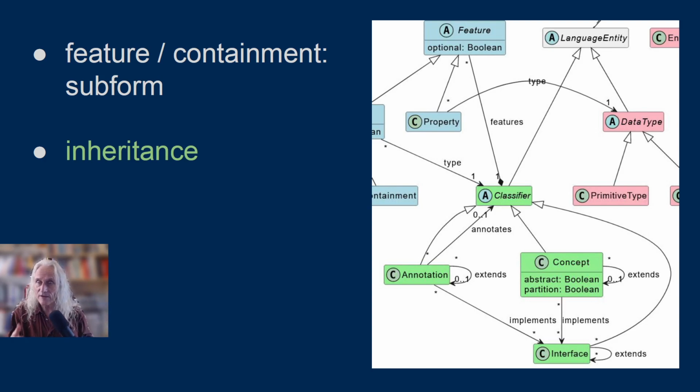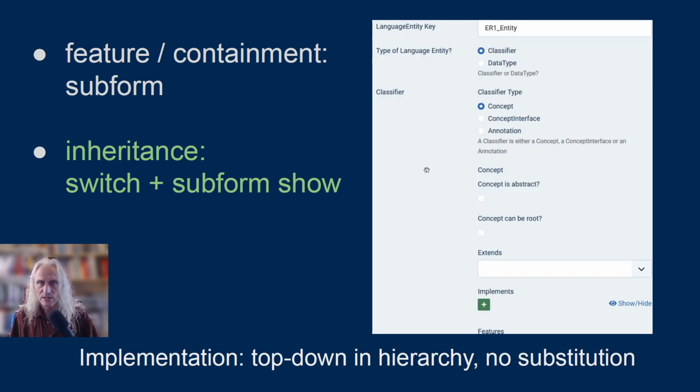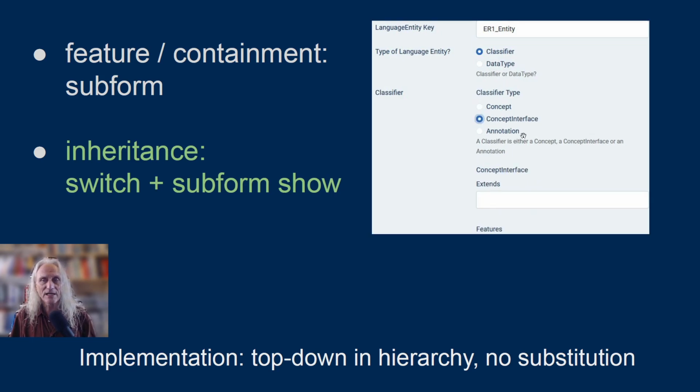If so, give me the right subform. So here you see a classifier is, in this case, a concept, so I showed the subform of a concept. But if I would choose it is an interface, then I get the subform of an interface.